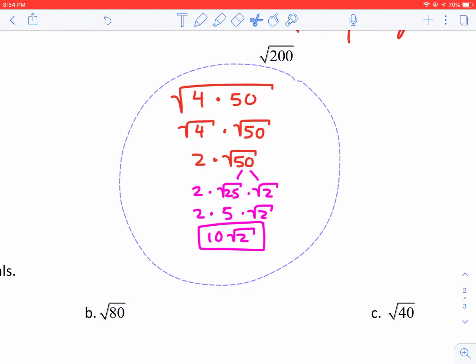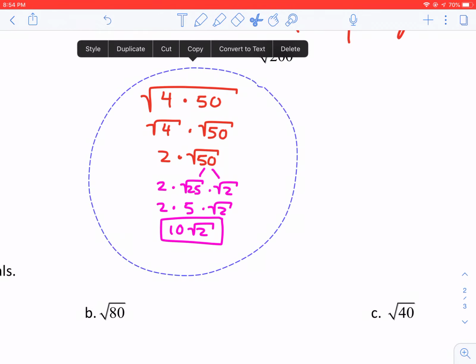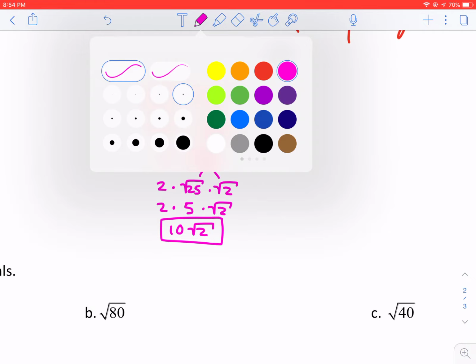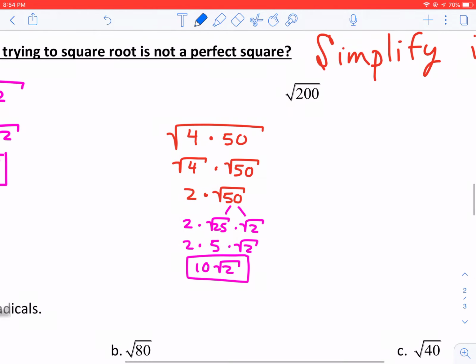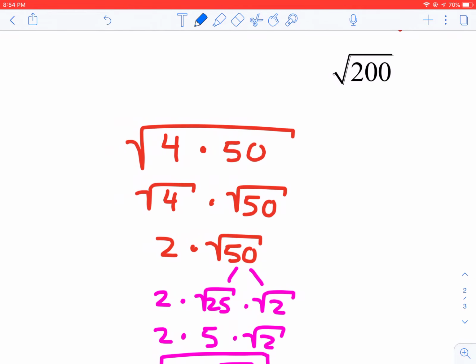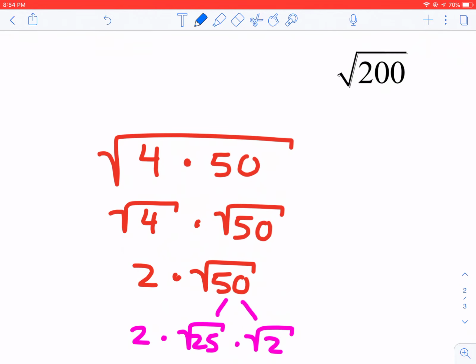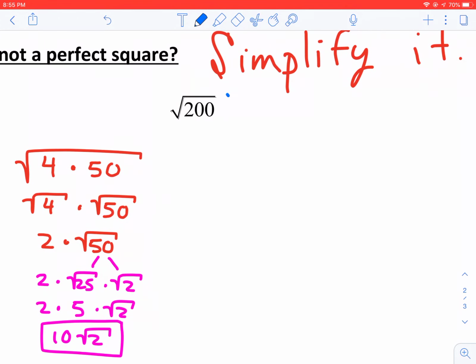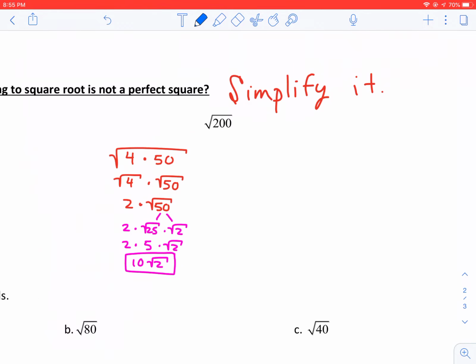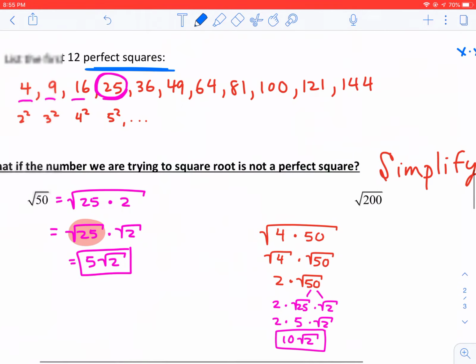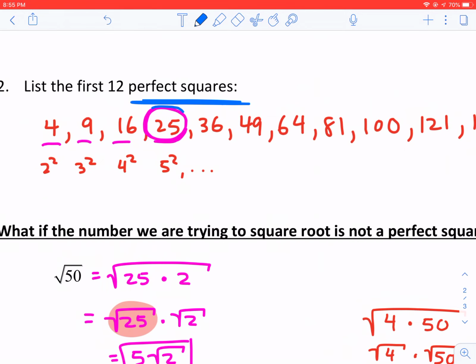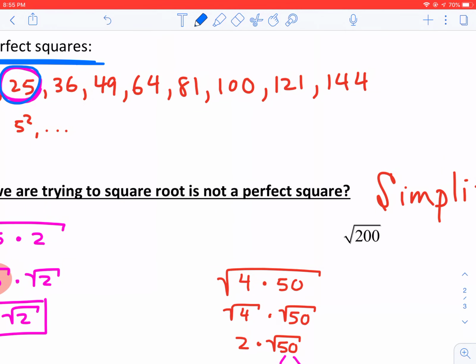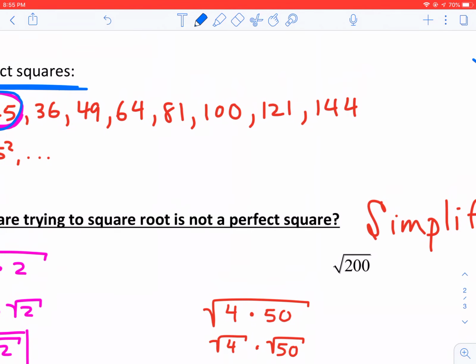Alright? So what we did here was actually not smart though, because we took out a 4. So what you want to do when you simplify something like the square root of 200 is to look for the largest perfect square. So you might realize, oh, 25 also divides into 200, but even better than that is 100. 100 times 2 is 200. 100 divides into the square root of 200.